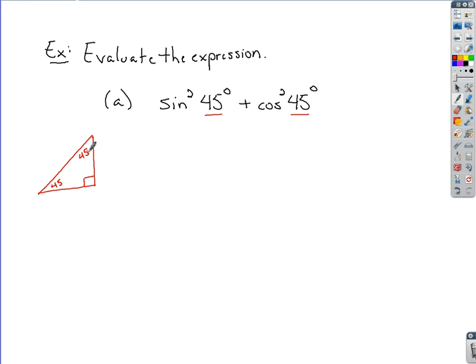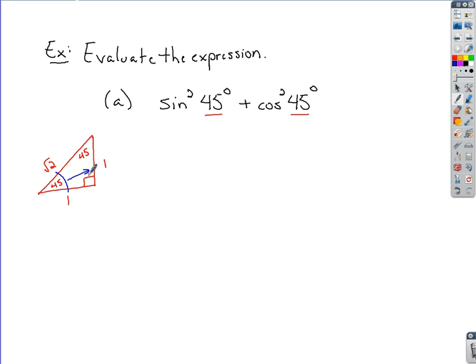With what we know about the side measures, recalling from last time, the congruent sides are my 1's, the hypotenuse is my root 2. And since we want to center our attention on 45 degrees, just pick one of these 45-degree angles to play with and start lining up your sides off of that angle.